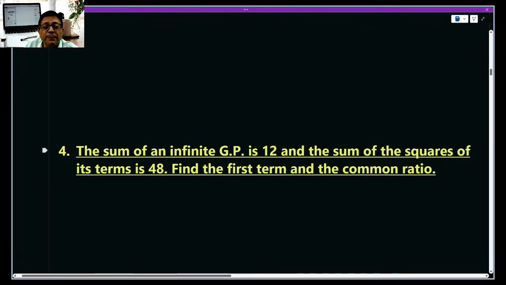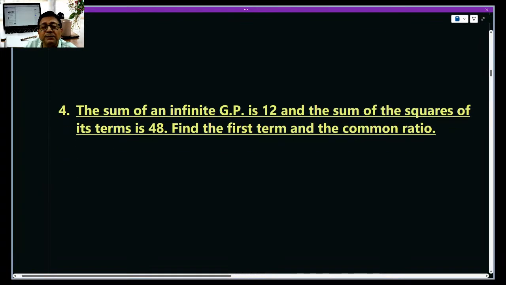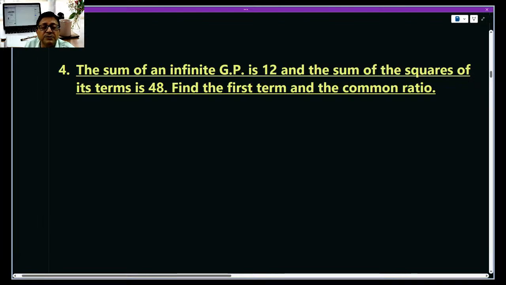Now next one. Sum of an infinite GP is 12. Sum of the squares of its terms is 48. Find the first term and the common ratio. Sum of an infinite GP is 12. Infinite GP I have explained. What is the sum of infinite GP? Let A be the first term, R less than 1 is the common ratio.